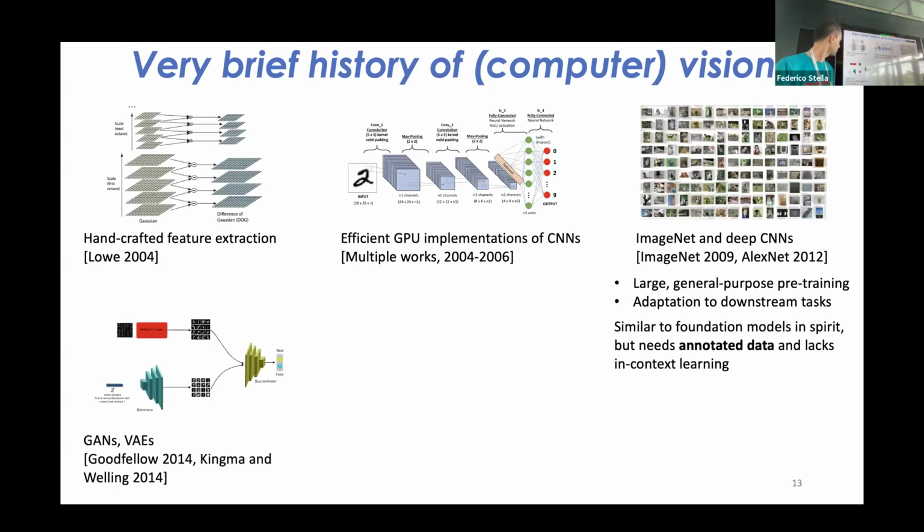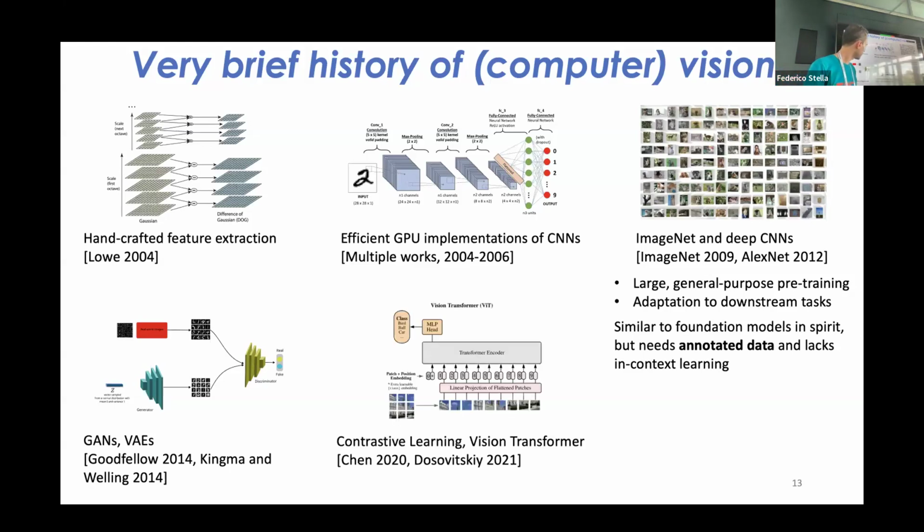Then we had another revolution in 2014 with generative adversarial networks and the advent of generative networks in general and variational autoencoders. And then finally, which is most of what I will talk about today, we have contrastive learning and vision transformers. You've seen vision transformers for sure in previous weeks. The Flamingo model and CLIP model that I will present in a minute belong here.